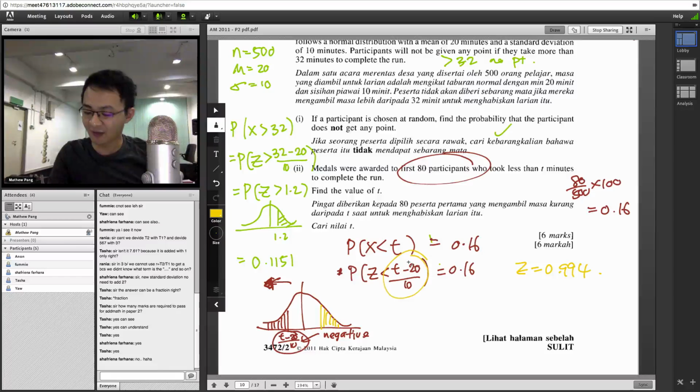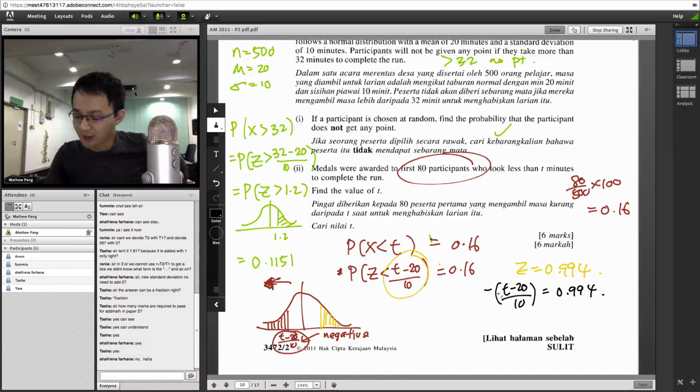This one is my Z value, but the real Z value should be negative. So I say negative (T minus 20) over 10 equals 0.994. I move the negative to the other side, so (T minus 20) over 10 equals negative 0.994.